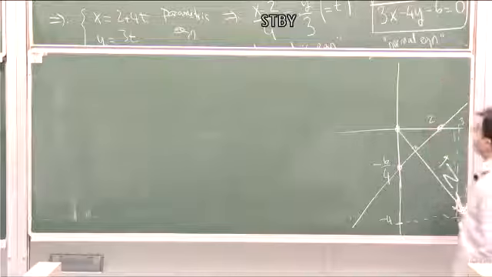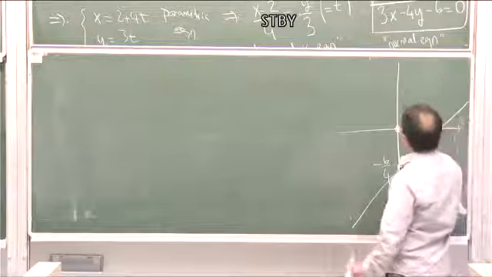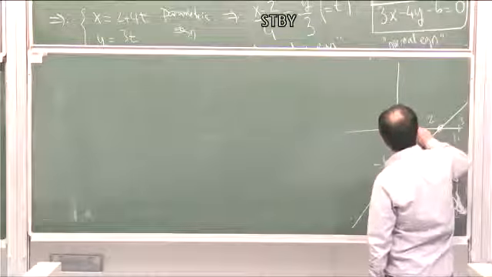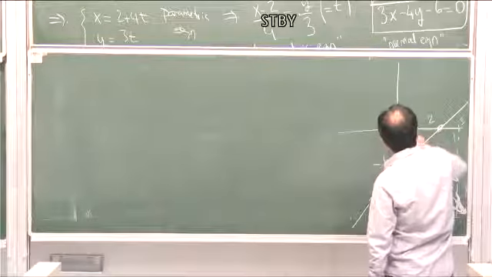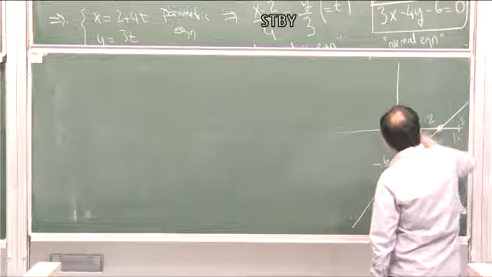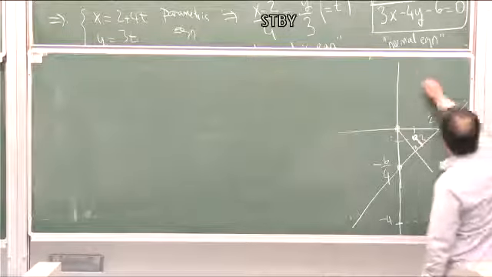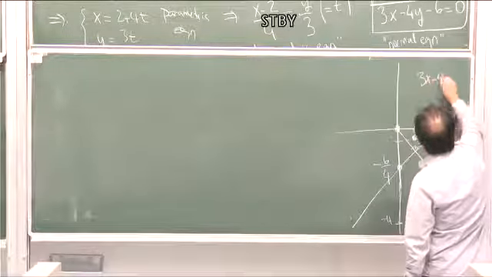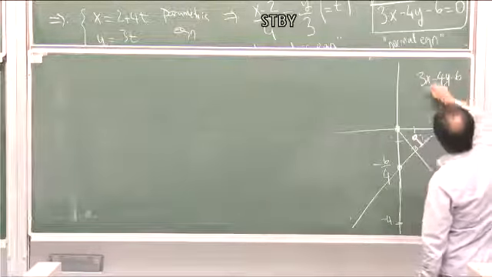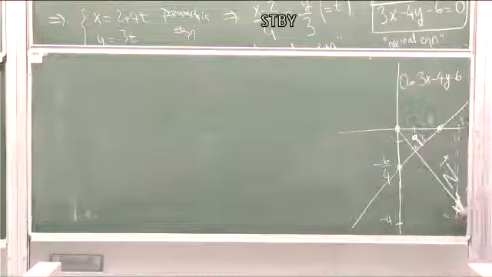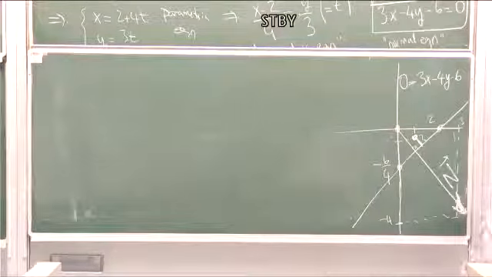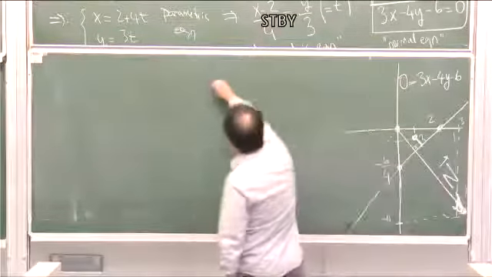And now I'm considering the point (1, -1). So when x is 1, y is minus 1. I'm asking the distance from this point to this line. My line is 3x minus 4y minus 6 equals 0. So let's apply our formula.